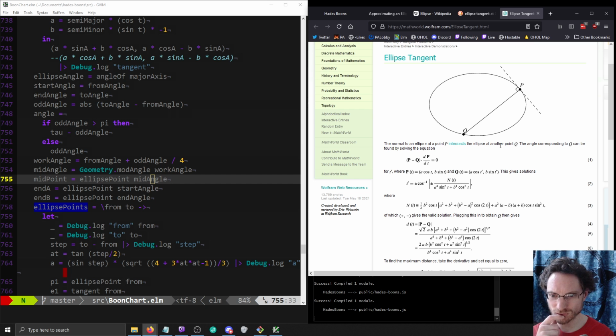The normal to an ellipse at point P intersects. That's just intersection in general. A cos t, B sin t. What's A and B? And QT is T prime?